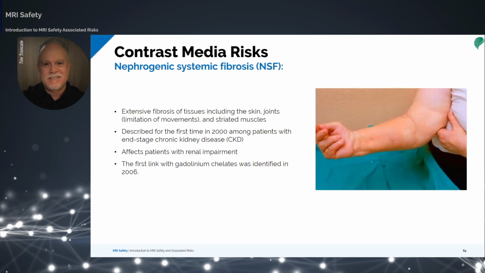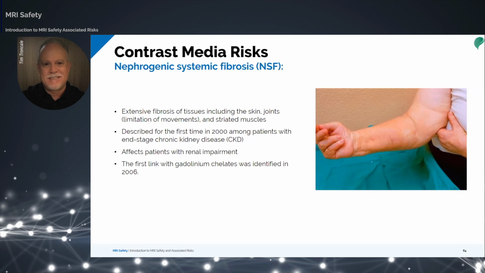Now we come to the third risk of contrast media, nephrogenic systemic fibrosis, or NSF. This occurs in patients who have kidneys that are not functioning efficiently. When gadolinium is in the bloodstream for longer than recommended, it can deposit in the skin and joints. Symptoms of NSF include a fibrous feel to the skin, limited movement of joints, and muscle tissue that becomes striated.